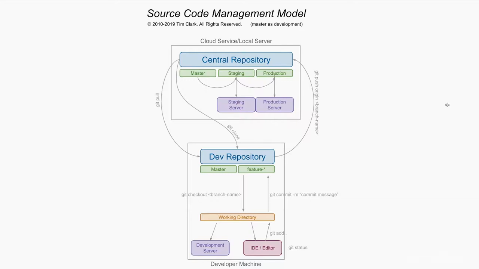And so now, because it's distributed, we have a complete copy of the repository on our remote machine, which is the cloud service or the local server, which gives us safety and security because we have a copy there. And then on every single one of our developer machines, we also have a complete copy of that repository and the complete history.